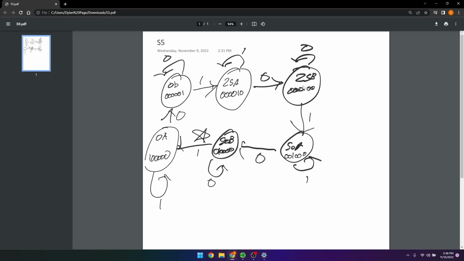We're not using toggle mode or anything in this one, so we don't have to worry about that or the no change stuff. We just have to worry about the set and reset mode.